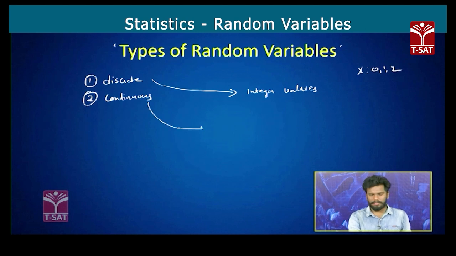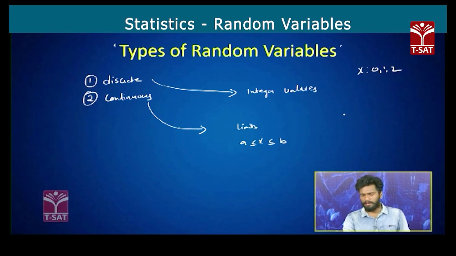Whereas this continuous random variable will assume the values within certain limits, just like a less than or equal to x less than or equal to b. Now, the best example you can give for continuous random variable is the weight of students in a class.